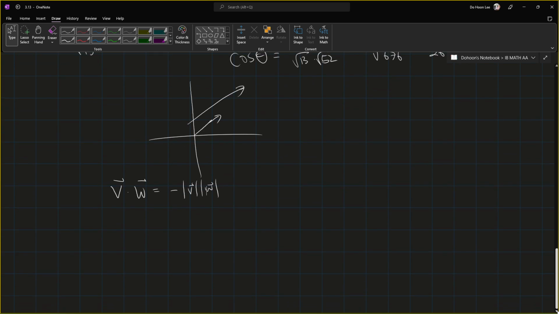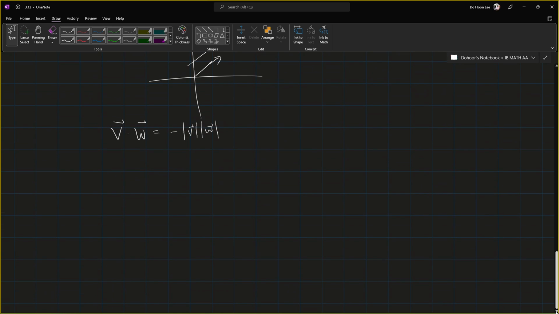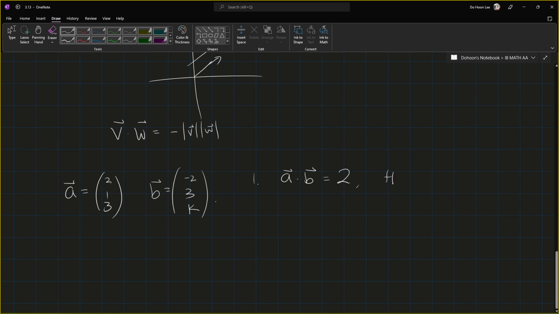Right, let's finish our video with a question as well. Let's say that we have a vector A which is (2, 1, 3), and a B where the components are (-2, 3, k). The first question is, if A dot B is 2, then what is the value of k?